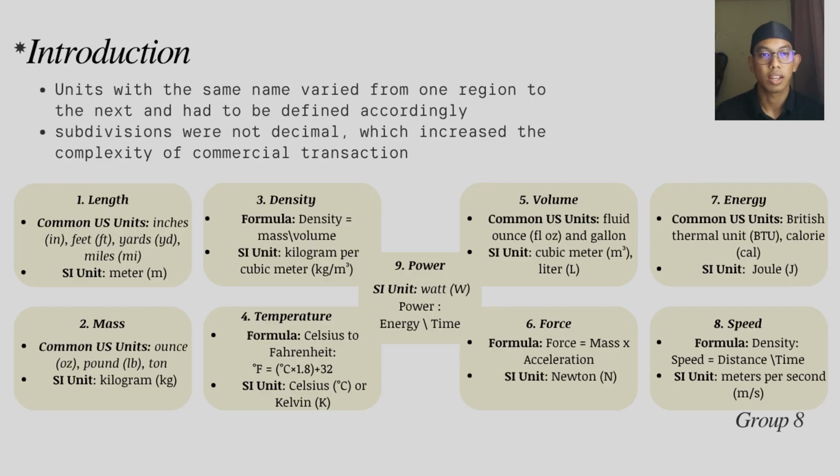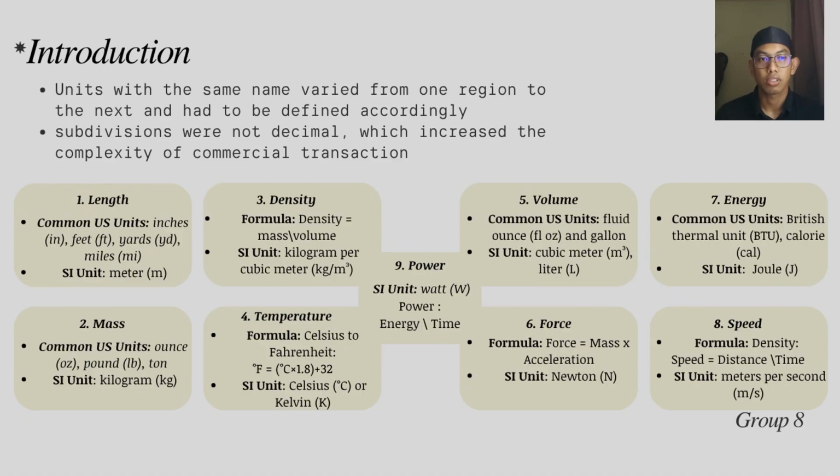The SI system evolved from the metric system, which originated in France during the late 18th century. Following the French Revolution, the metric system was based on units like the meter and kilogram, designed to be simple and standardized. Over time, as global communication and international trade expanded, the need for a unified system became more urgent.